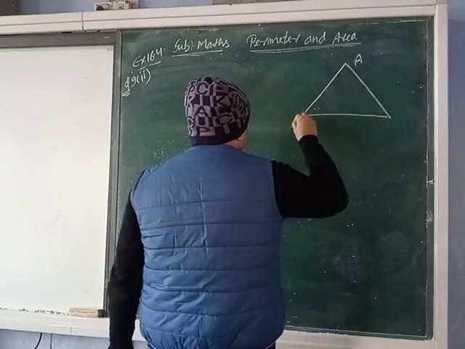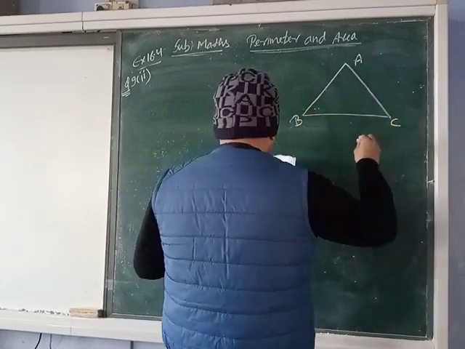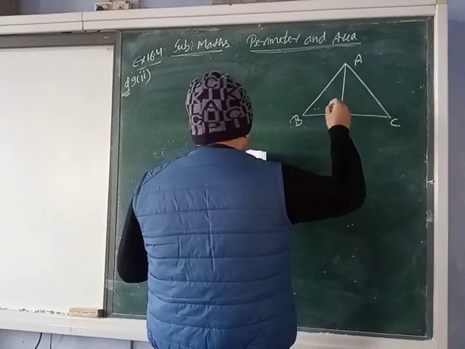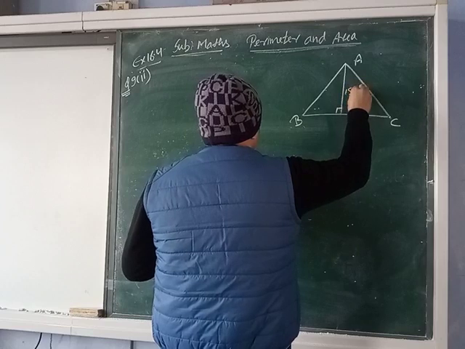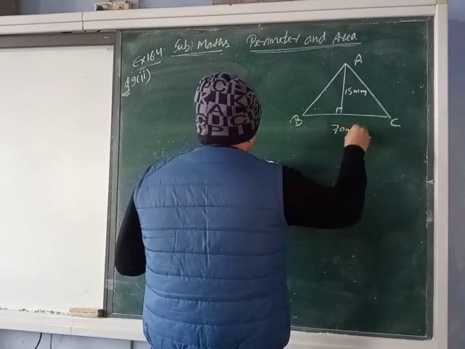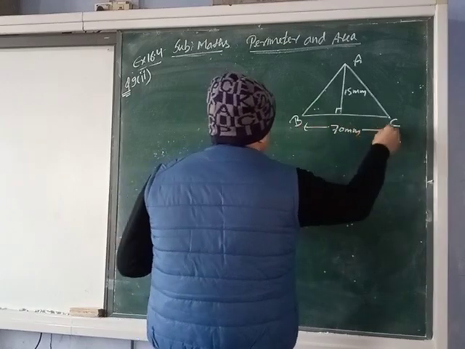That is A, B, C, and their perpendicular or altitude is given, 15 millimeter, and base is 70 millimeter.